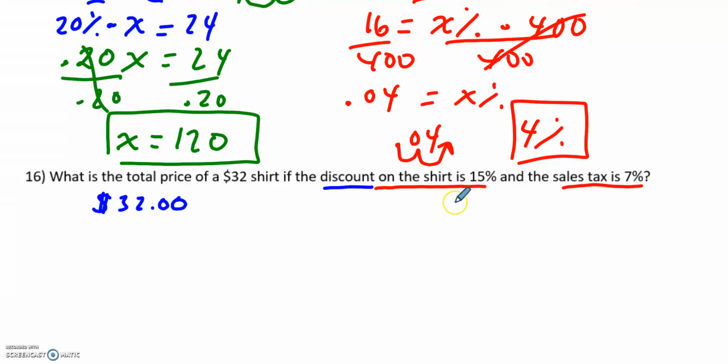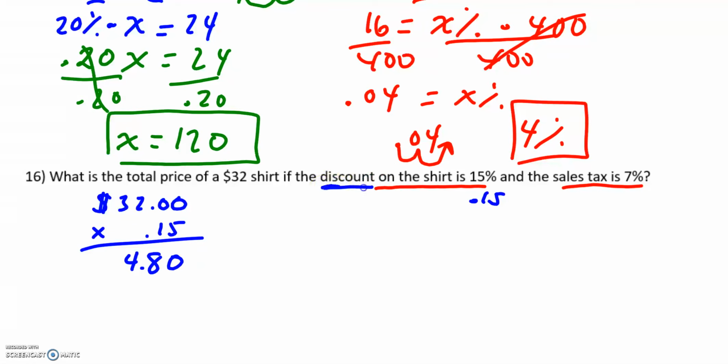So the discount is 15%, which as a regular number is 0.15. So if we're talking about the percent of, we could multiply that by 0.15 because, again, of means multiply. If I take $32 times the discount of 0.15, my decimal out would be 0.48, which is really $4.80.